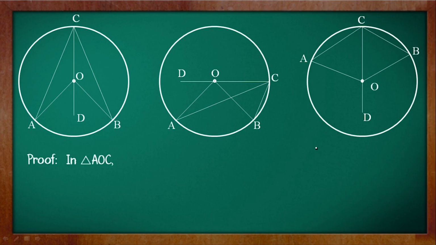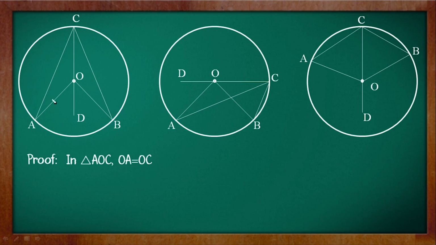So in proof, we will be taking two triangles. First, let's take triangle AOC. Triangle AOC in the first diagram is this, in the second diagram is this, and in the third diagram is this. Now in that triangle, we can see that the two line segments OA and OC are equal.